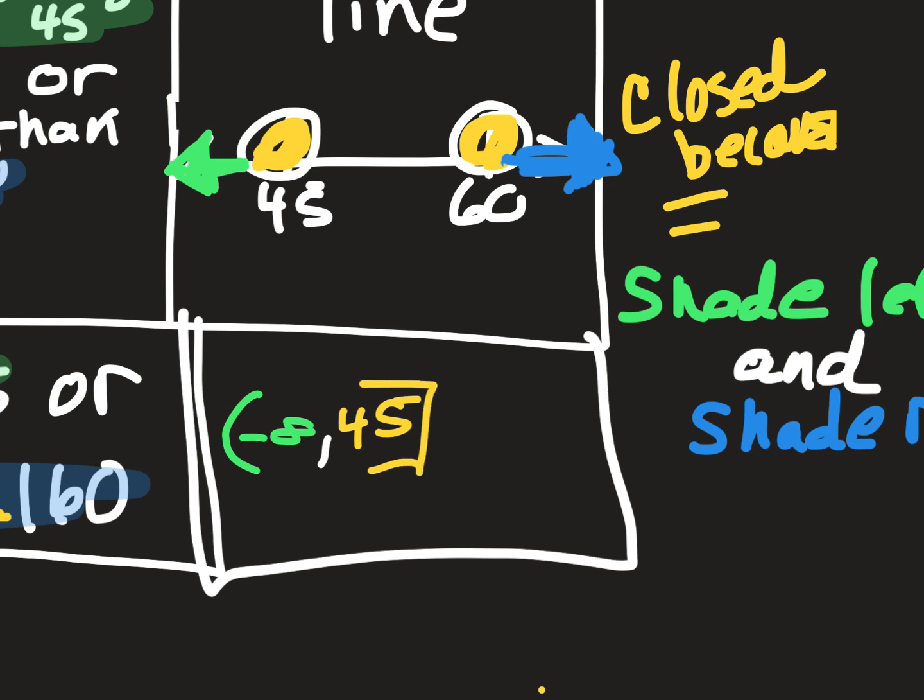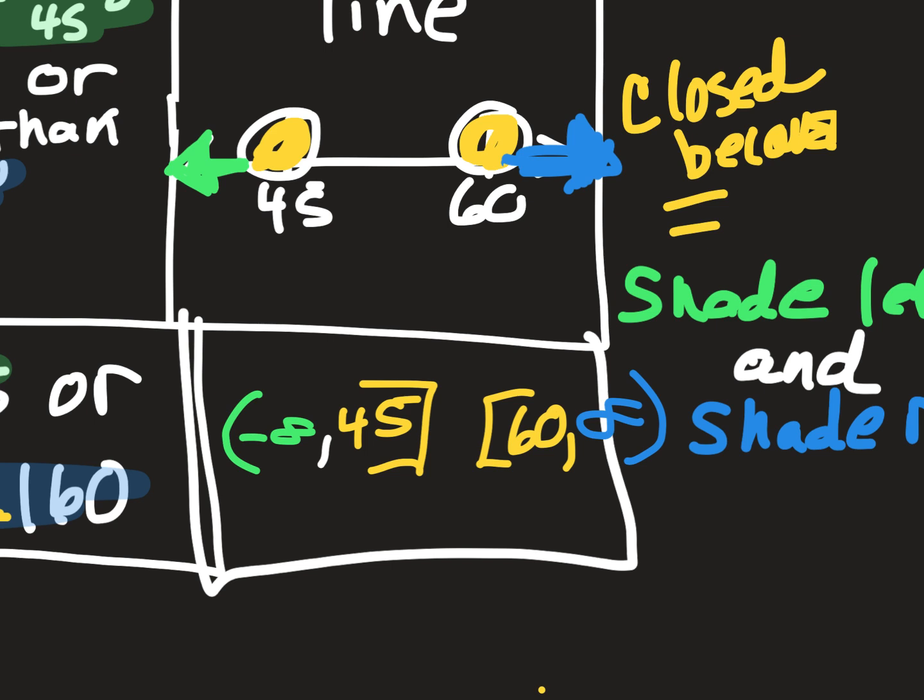Hard bracket, because it's equal to. Then we're going to do the same thing for the 160. Make two separate little intervals. And then what am I going to put on the right side of that interval to make sure that's going to the right forever? Infinity.